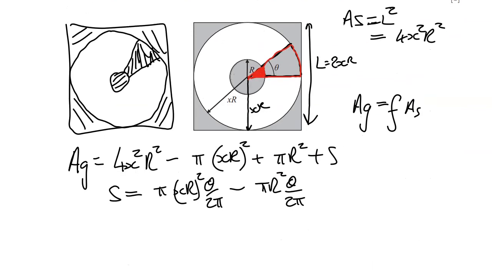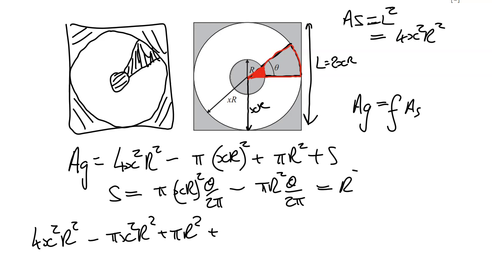Putting all that together, what we get is that 4x squared r squared minus pi x squared r squared plus pi r squared plus S, which makes this a bit simpler, is r squared theta over 2 times x squared minus 1.